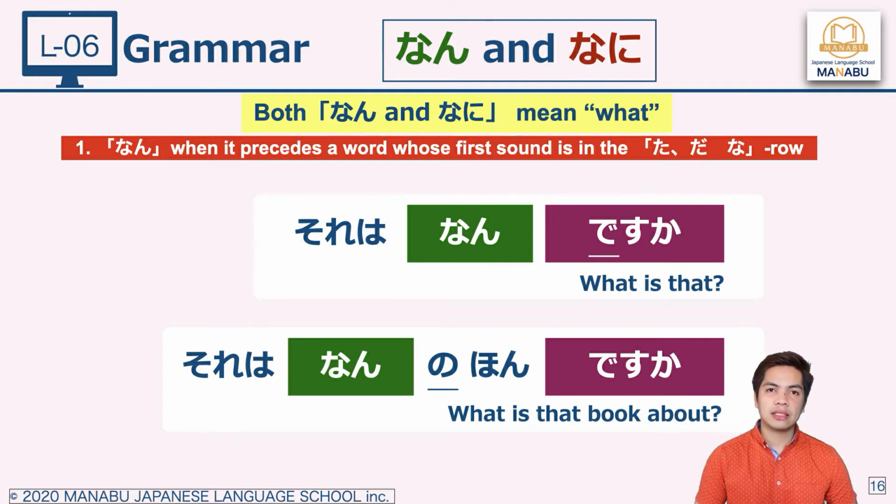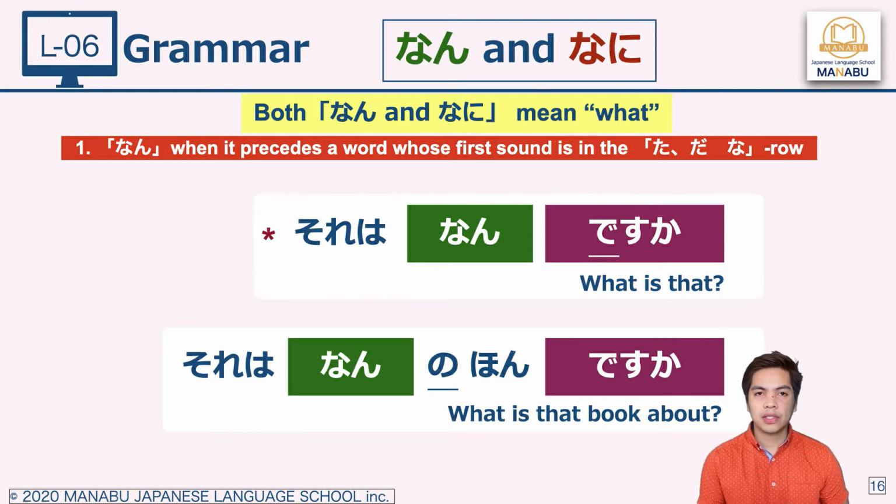If you look at the hiragana chart, the ta, da, and na row means ta, chi, tsu, te, to, da, ji, zu, de, do, and the na, ni, nu, ne, no. When it precedes a word starting with those sounds, we will use nan.